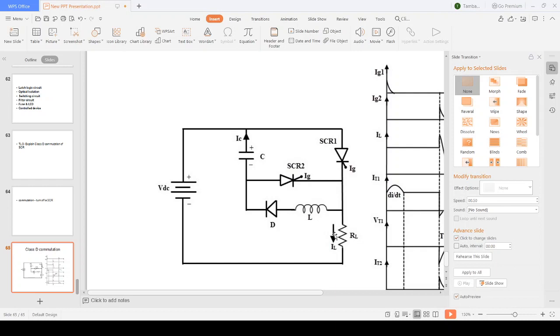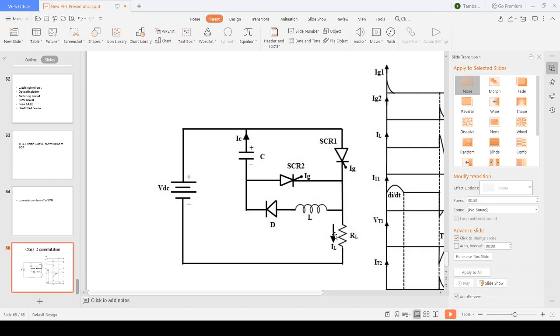Now this Class D commutation is also called impulse commutation, or it is also called auxiliary voltage commutation.